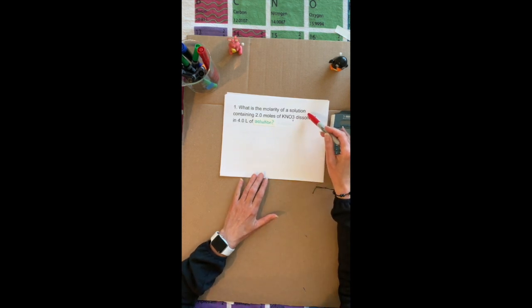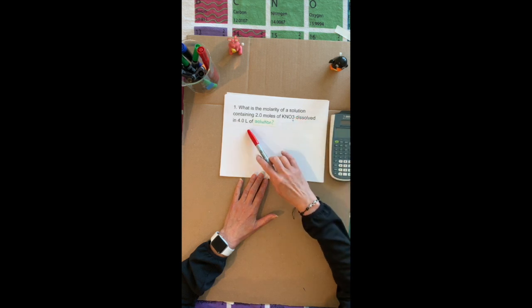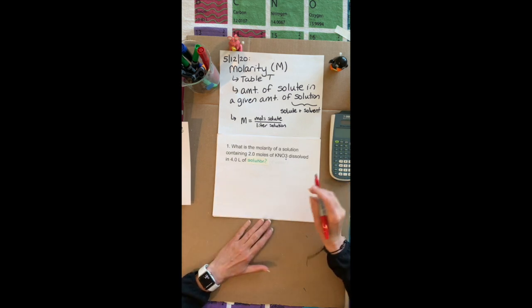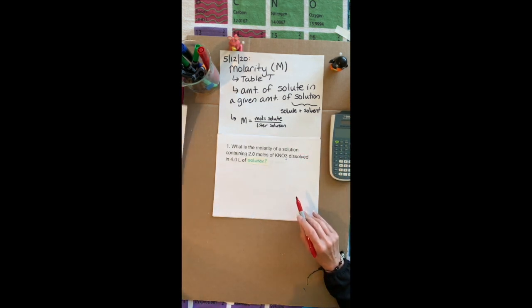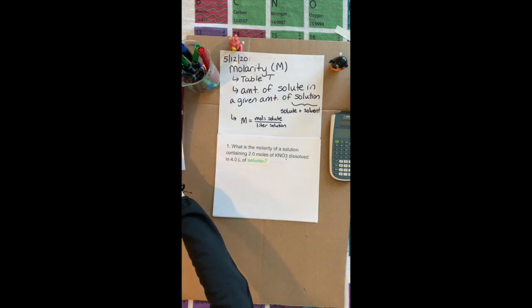Okay, so let's look at a few examples here. What is the molarity of a solution containing 2 moles of potassium nitrate dissolved in 4 liters of solution? So we look at Table T to see the molarity equation, and we plug in our numbers.